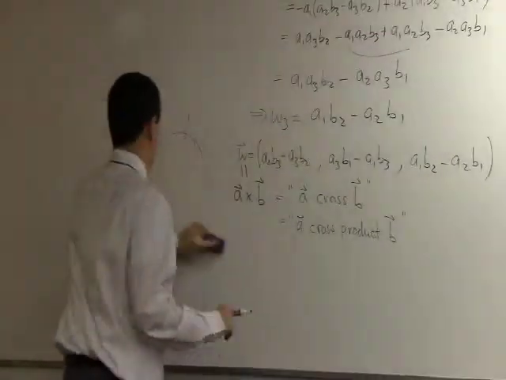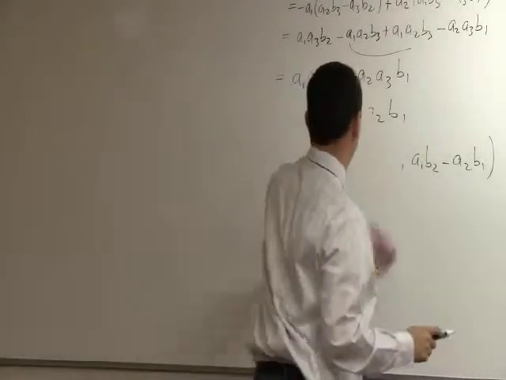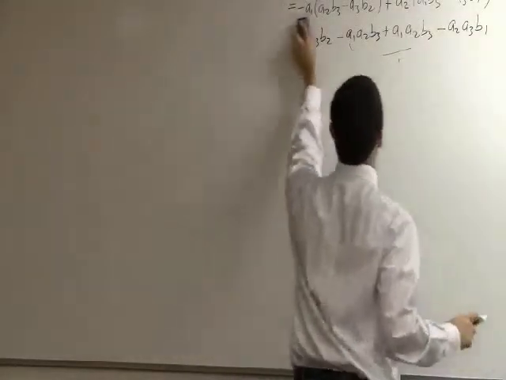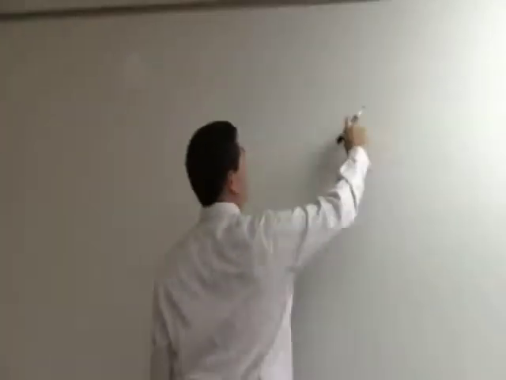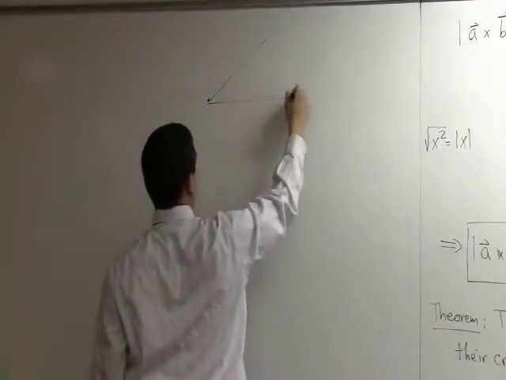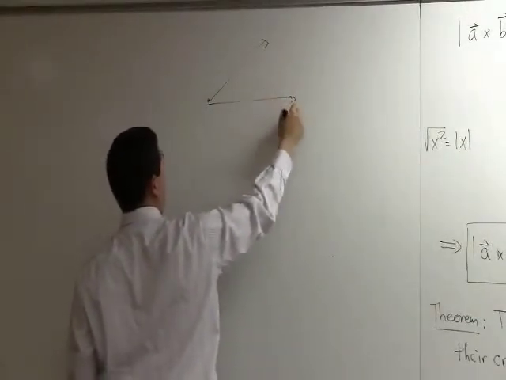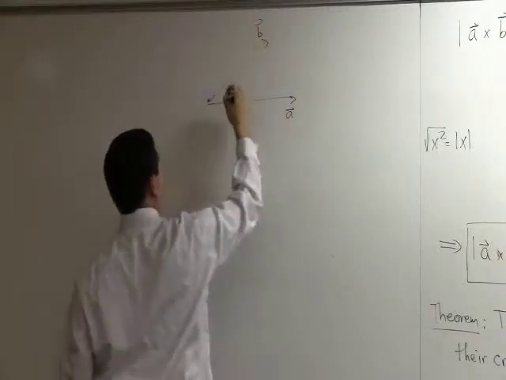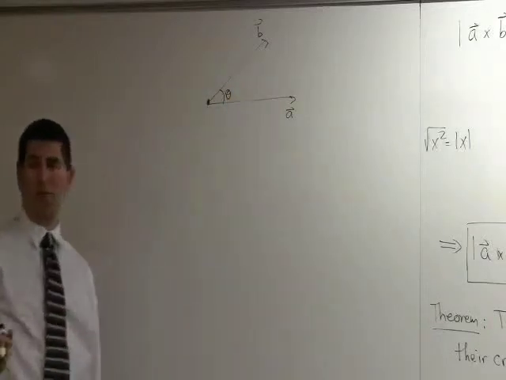Now there's another interpretation of this formula. It's quite nice. And that's in terms of the area of a parallelogram. So let's say I have a vector A, a vector B, and the angle between them is good old reliable theta.